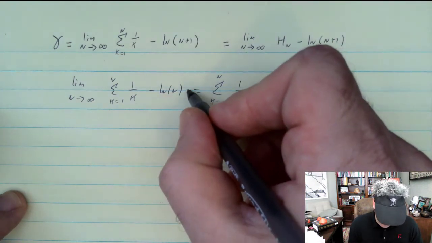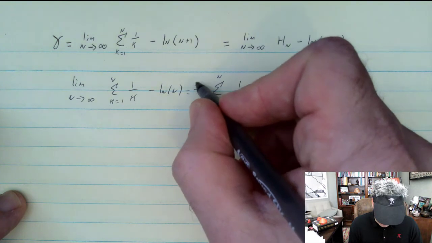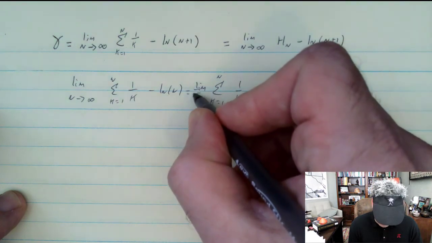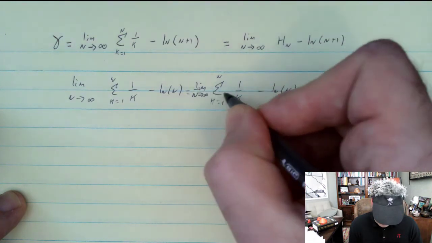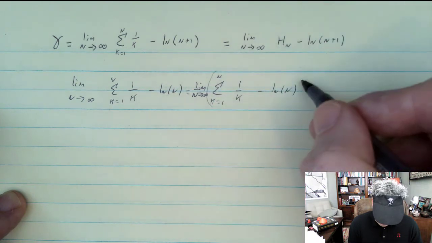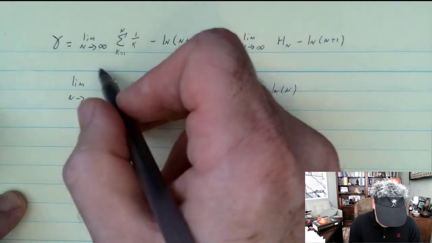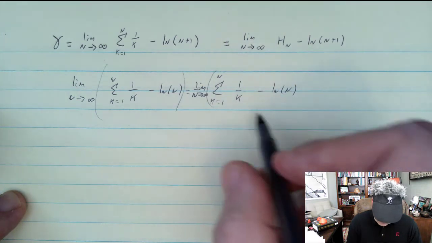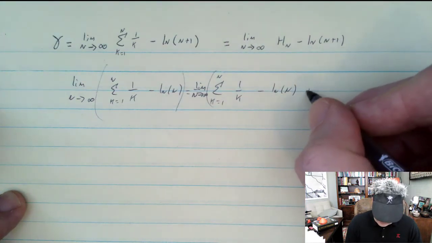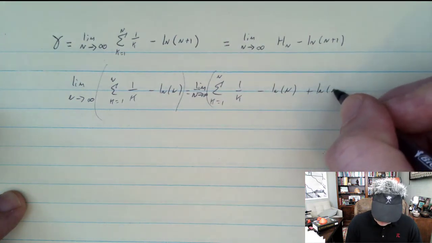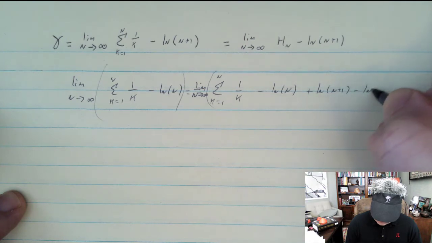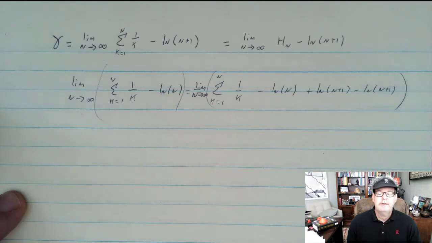And I lost my limit. Let me put it in there. Limit n goes to infinity. This expression, put parentheses. Well, I can add and subtract log n plus 1 inside there.